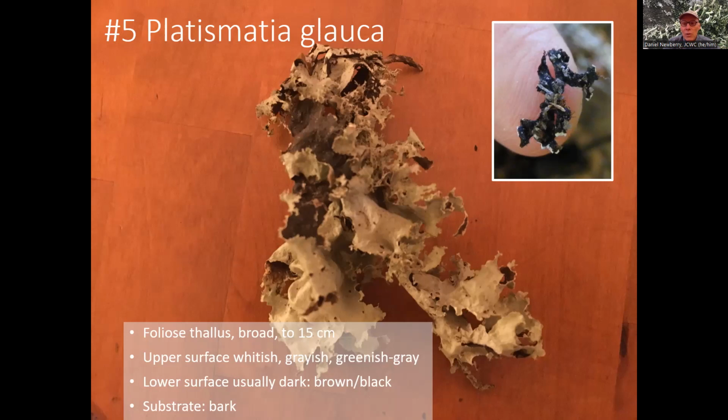This has the lighter color and the very dark brown-black on the back surface. And this particular lichen, a single thallus, single organism, can be pretty big, up to 15 centimeters. You can find big samples of the Platismatia glauca.